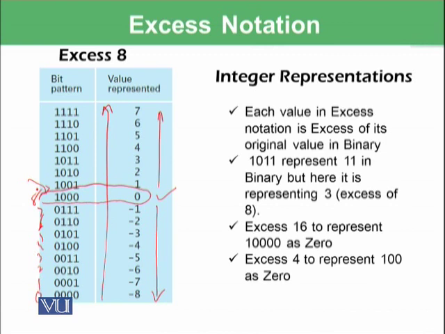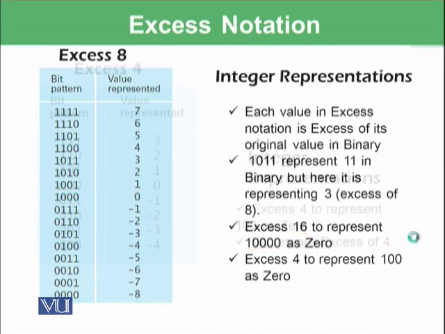So in excess 8 you represent 1000, which is equivalent to 8, as 0, and in excess 16 you would need 10000, which is 16, to represent the 0, and similarly the following will be representing positive and the preceding ones will be representing negative numbers. So let's see excess 4, where 100 represents 0.